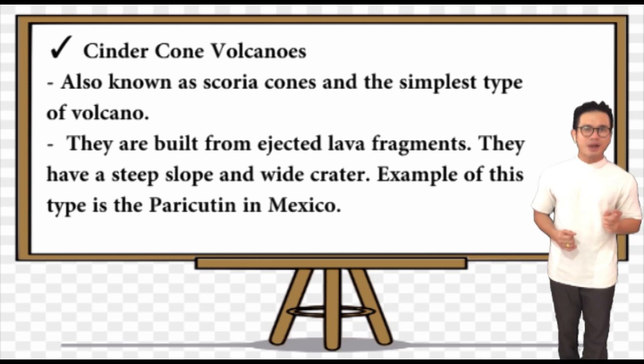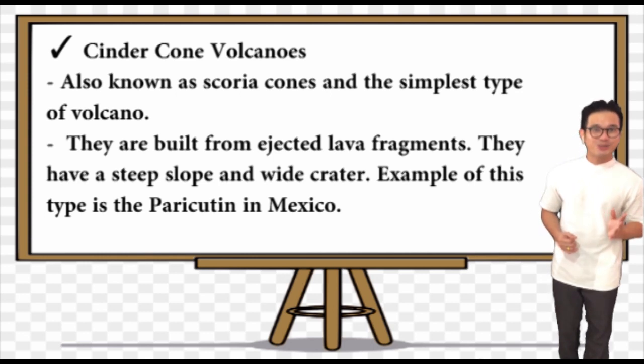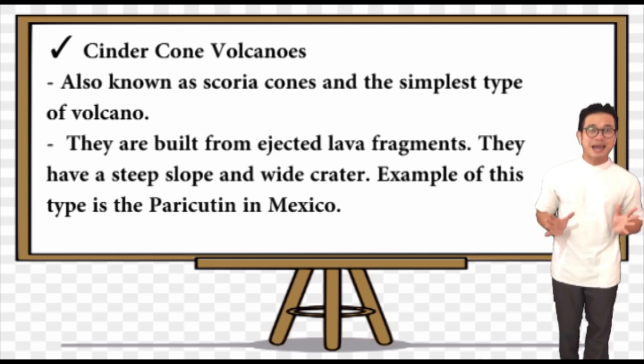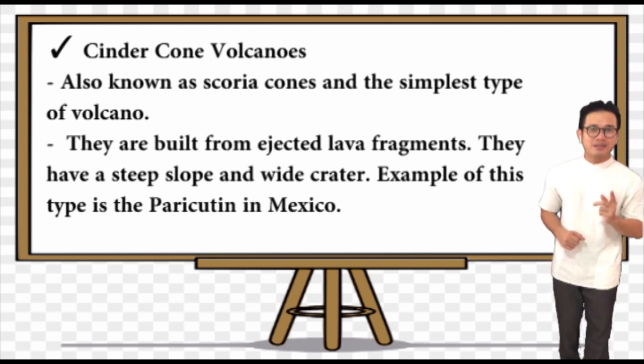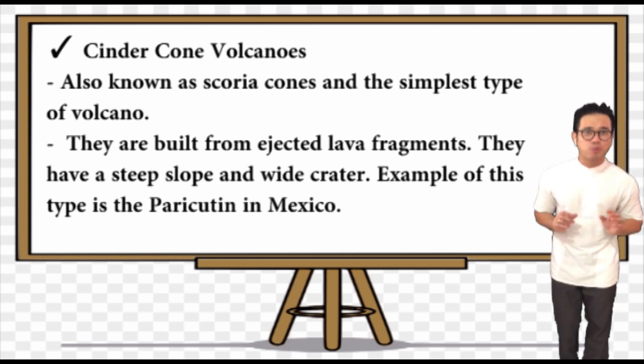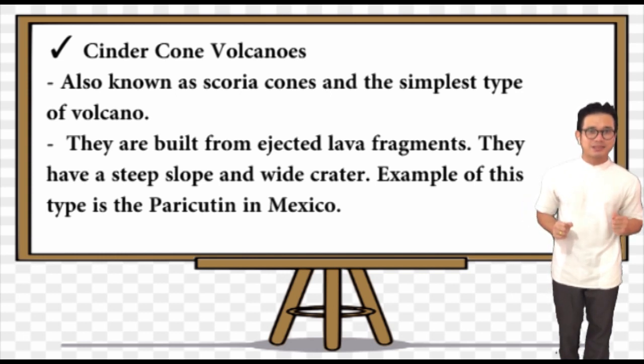They are also known as the scoria cones and the simplest type of volcano. They are built from ejected lava fragments, and they have a steep slope and wide crater. Example of this type is the Paricutín in Mexico.